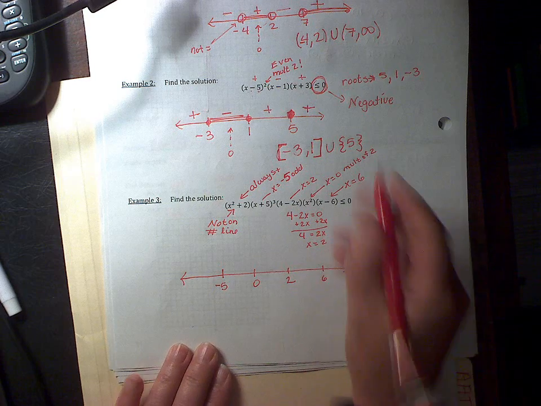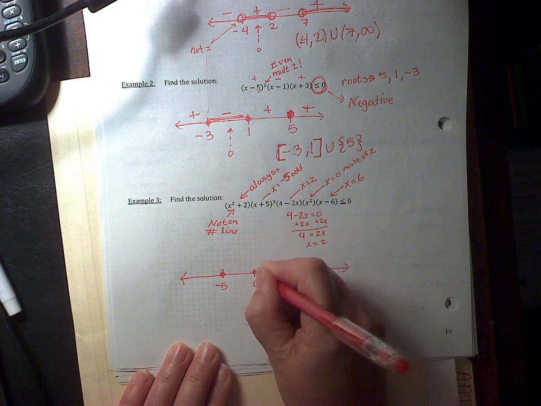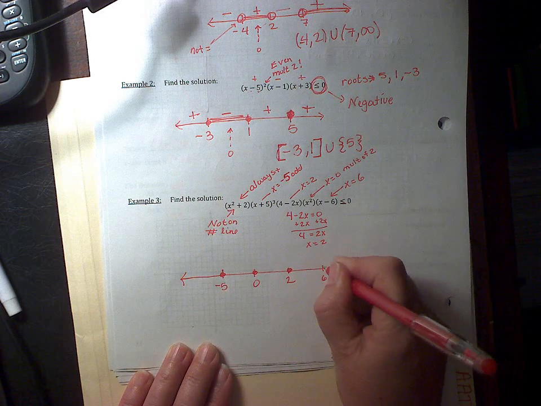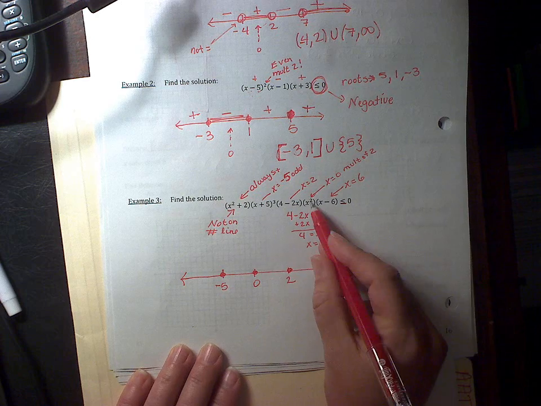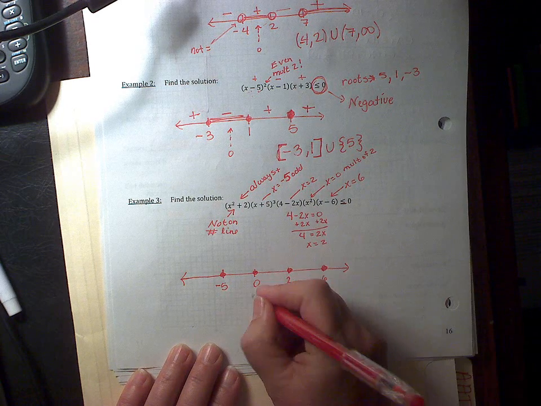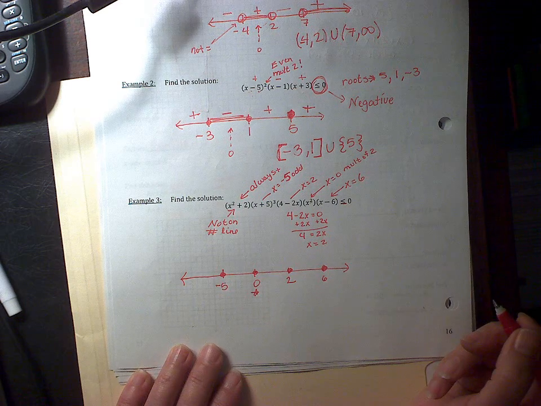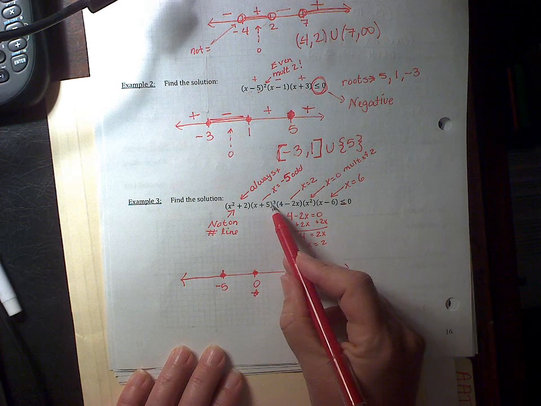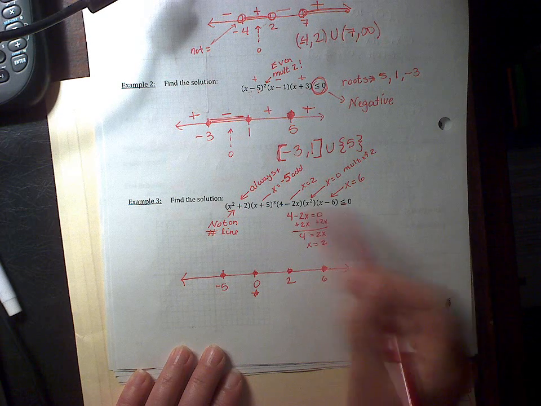Okay, so let's think about this. First of all, this is equal to, so these all need to be solid dots. They are included in the final solution, which needs to include all of these values. 0 is even, so I'll put a little star. That means it's not going to alternate around that. And this one occurs 3 times, but it's odd, so it's still going to alternate. And yeah, I think that's about it.